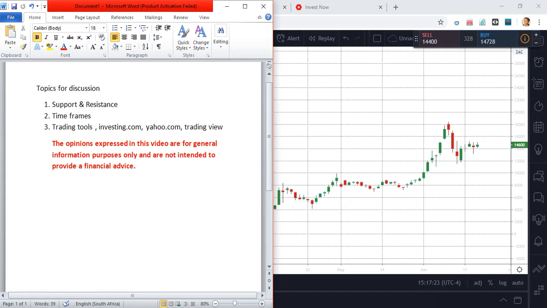You should gear yourself up with Investing.com, Yahoo, and TradingView. As you will see now on the screen, I'm currently using TradingView. It has all the stocks information. You can read the news, as well as understand the charts.